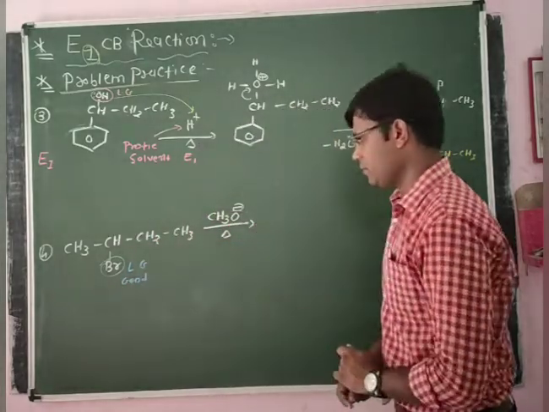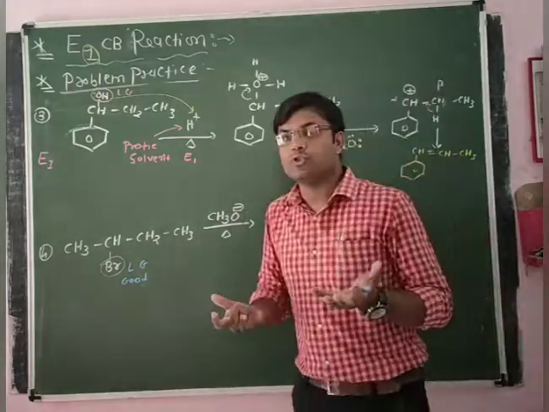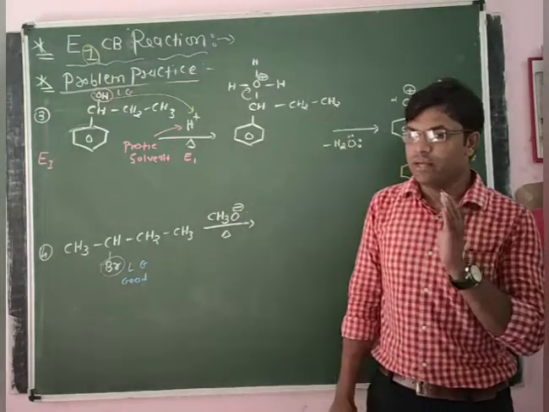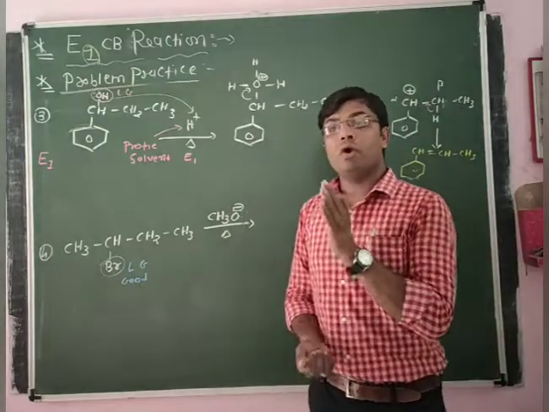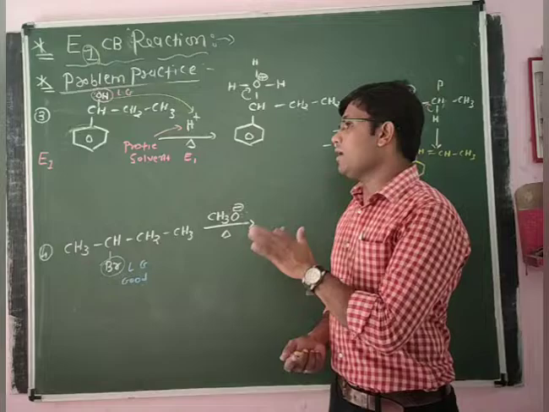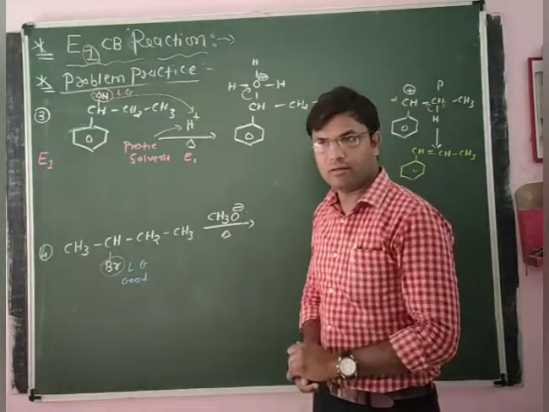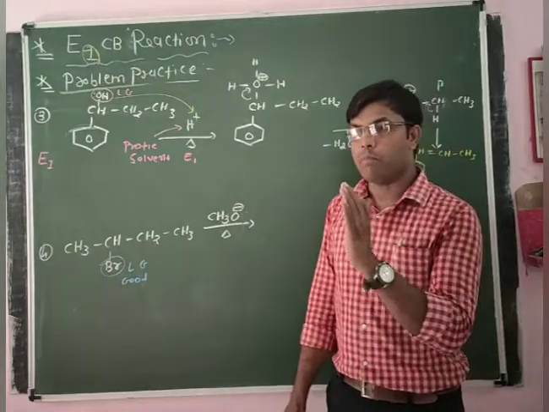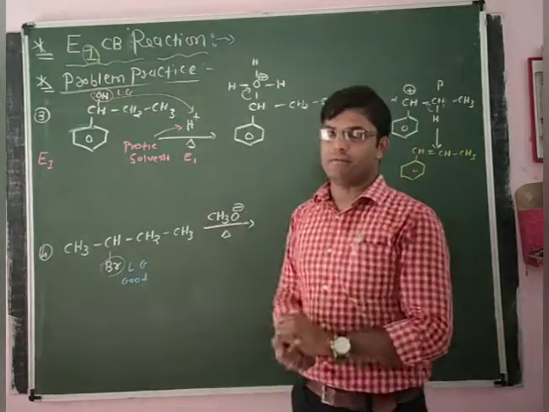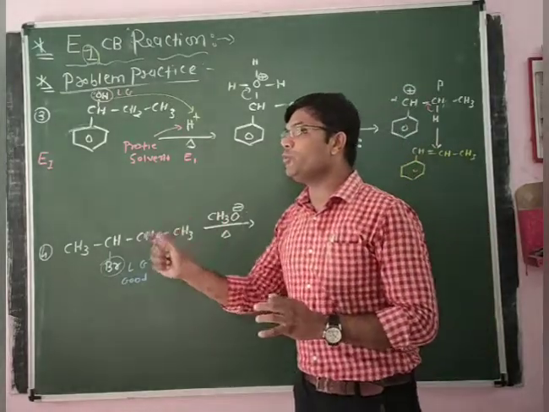With a good leaving group, E1cB is not possible, either it will be E1 or E2. So the second condition: if there is a polar protic solvent, then E1 reaction occurs, and if there is a polar aprotic solvent, then there will be an E2 mechanism.